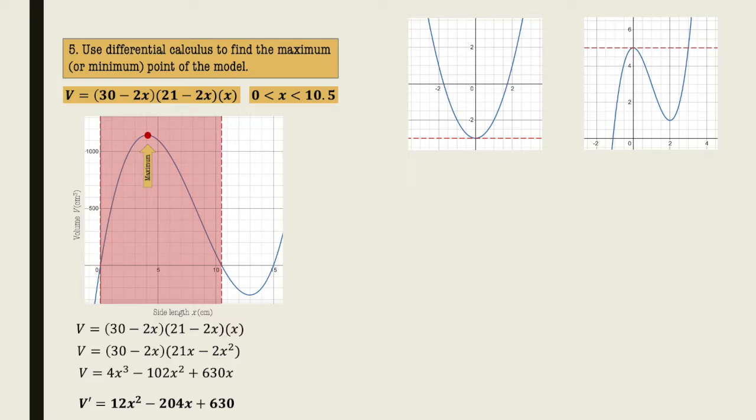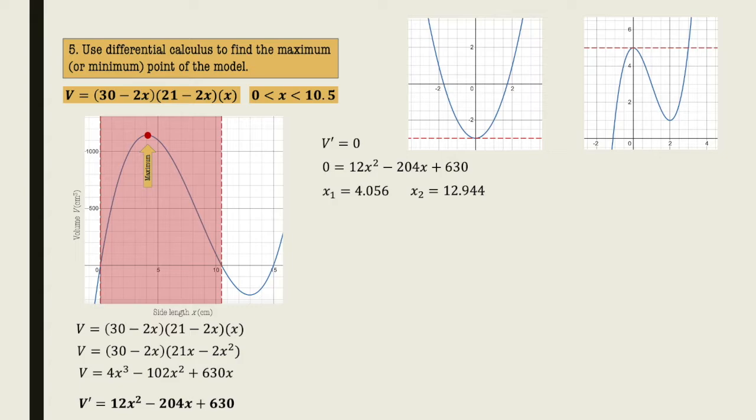That is always true. Thus, v prime, the derivative of our function for v, must equal 0 at the maximum point. We input that value of 0 into the front of our function, and now we must solve for x. For that, I recommend using the quadratic formula.